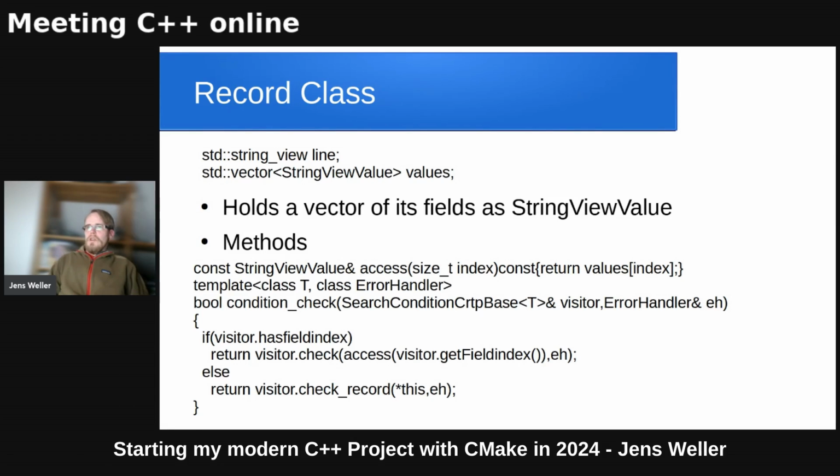Some conditions will not need to access an index or an actual value in the record. They will have to check the record itself. So I need to see if this visitor has an interest in the index itself, and if it does not, then for example the condition list will just need to have the record, and then call this function again with all its search conditions in its vector.